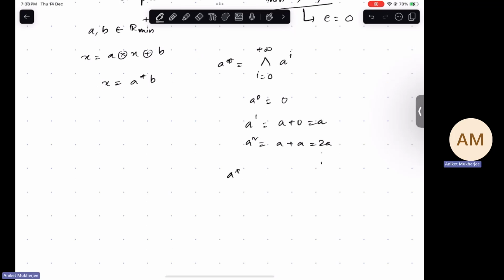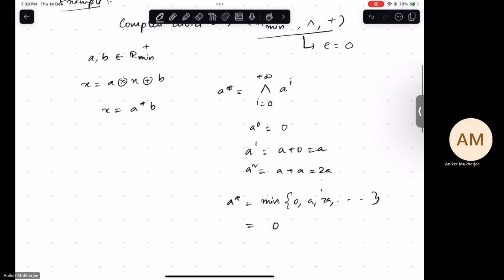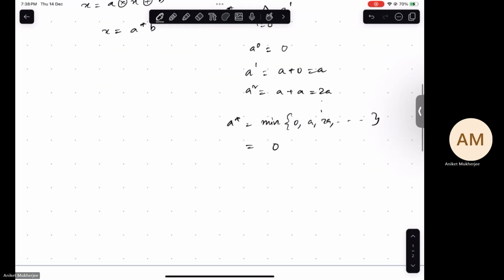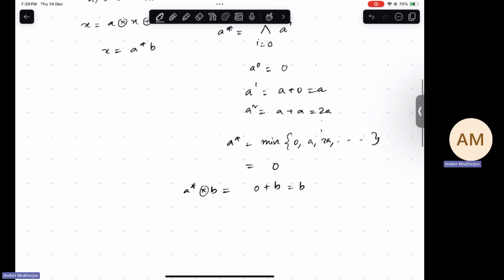So a star equal to min of 0, a, 2a and so on, which is 0. Next, we have a star into b, which is 0 plus b, which is b.